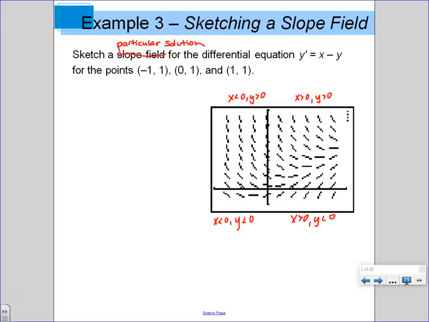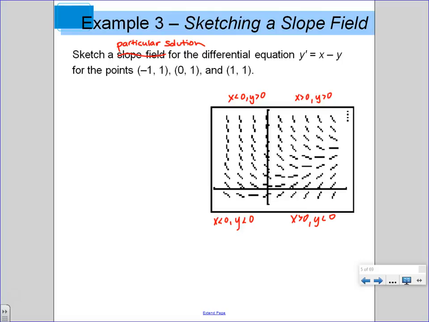If this is somewhere around -1, if it was going by tick marks, sometimes you have to guess, but if it was -1, -1, what's -1 minus -1? Oh, 0. Okay, maybe that could work. So -1 plus 1. Does that make sense? Yeah. So it does make sense in the third quadrant.